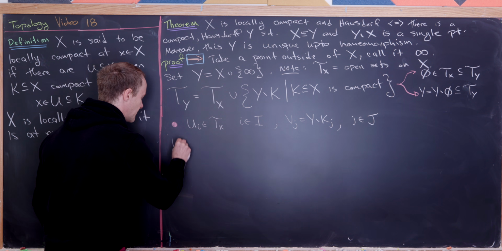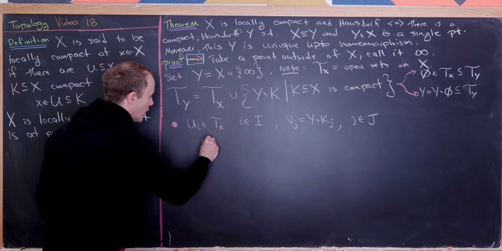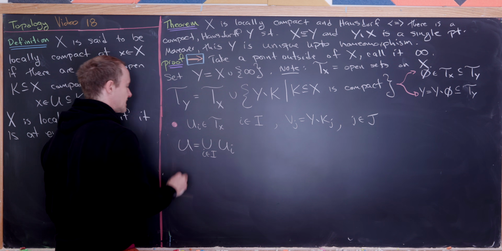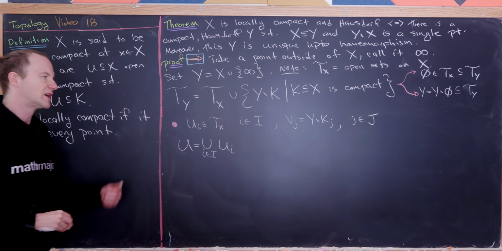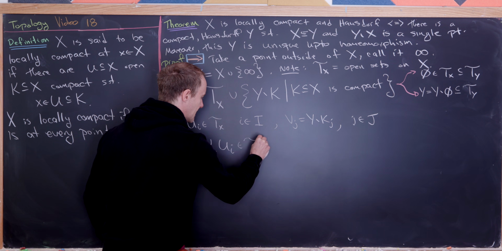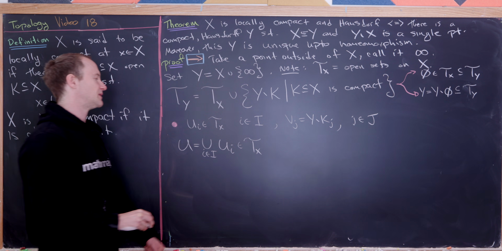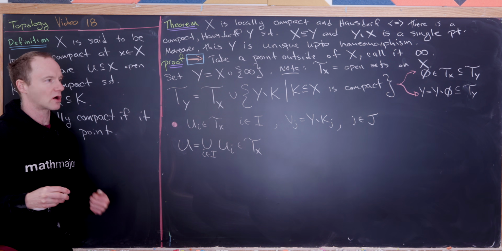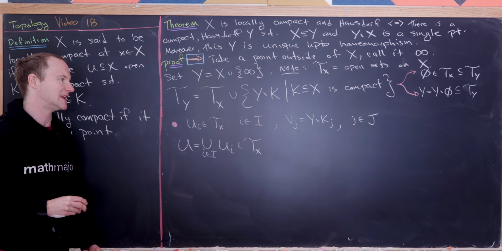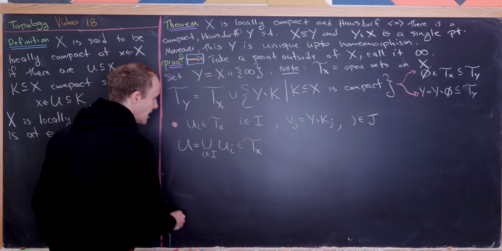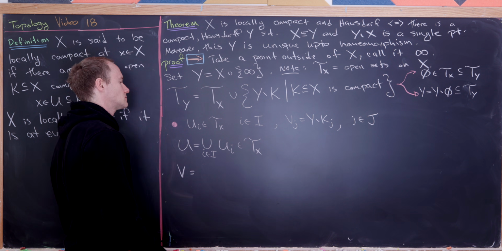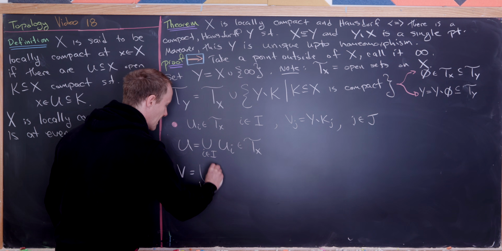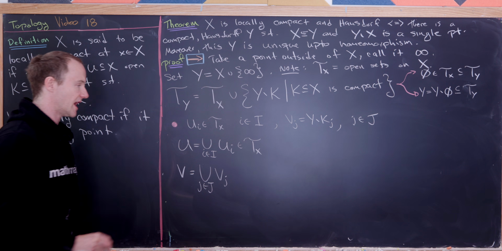And now let's look at the union over all i in I of U sub i, and let's set that equal to U. But observe that that's already in T sub X, because we know T sub X itself is closed under arbitrary unions, given the fact that it is a topology. And now let's look at V, which is equal to the union over all j in J of V sub j.